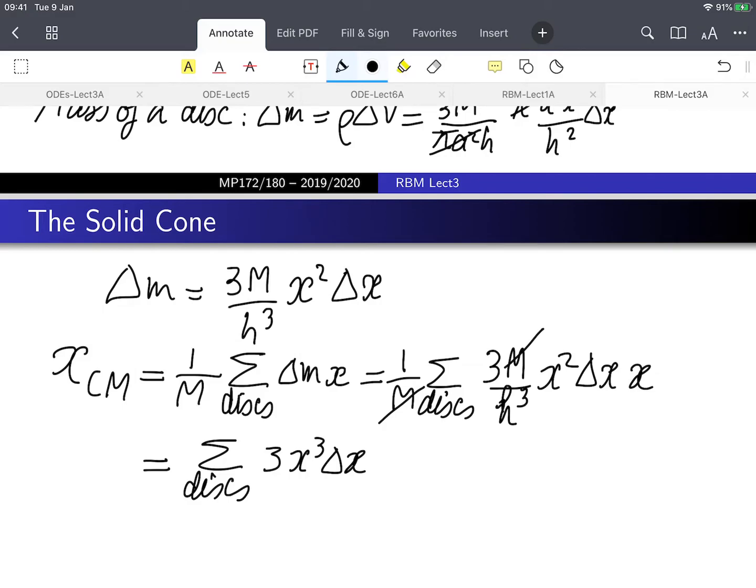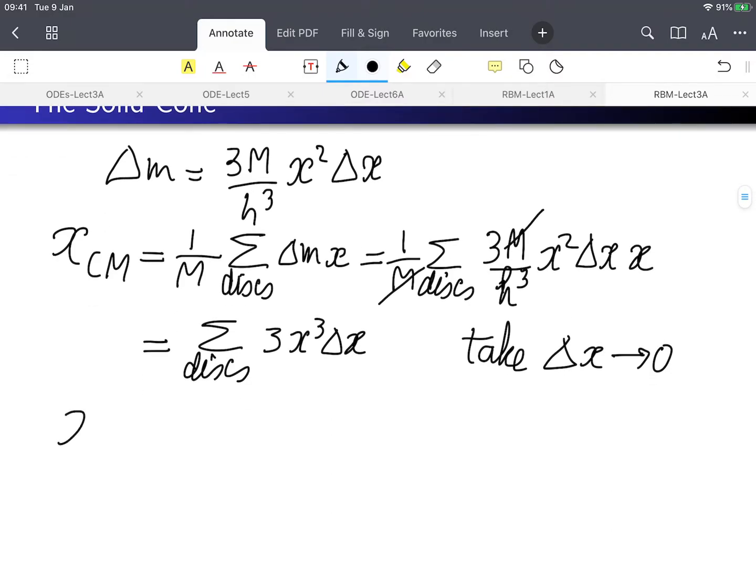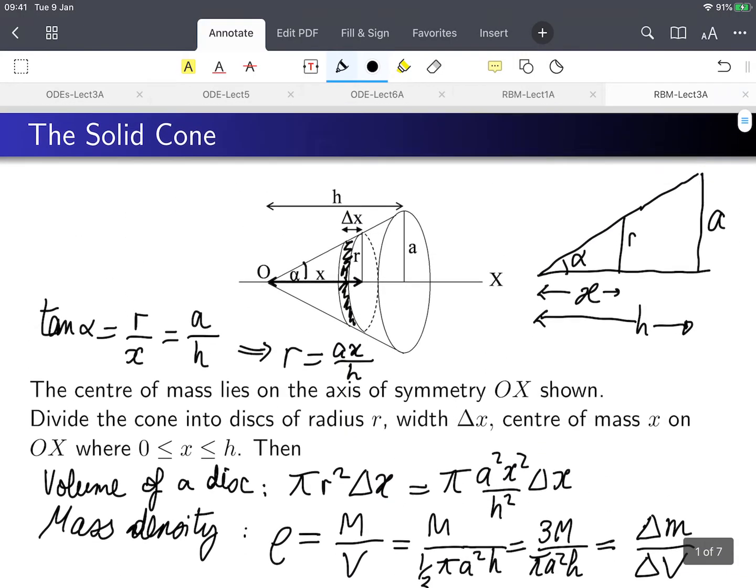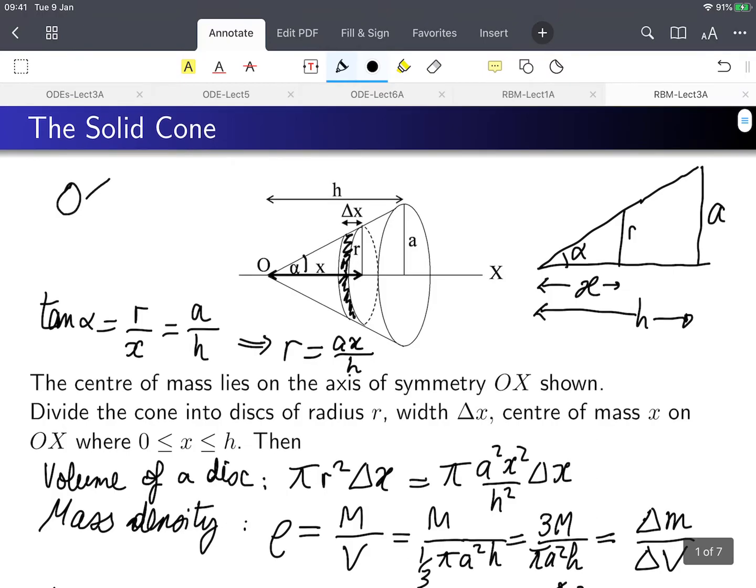And if I take the limit delta x to 0, I'm going to have exactly the area under the curve, which is the integral. So x_CM is going to be the integral, where x is between 0 and a.